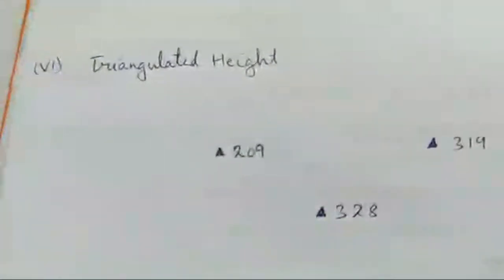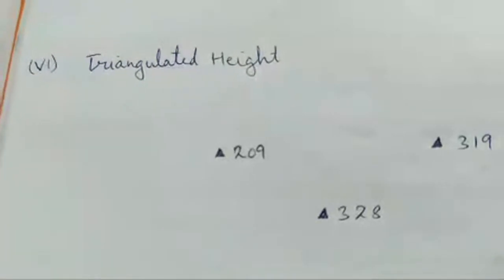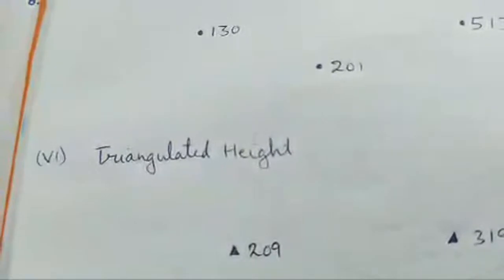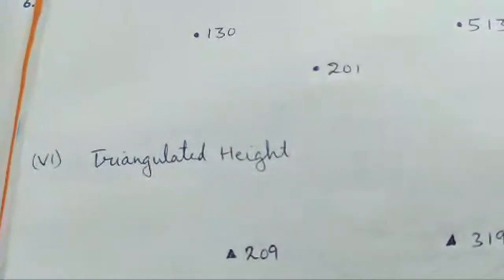It means this height is measured by an instrument which is based on trigonometry. Right? Which method is it based on? Trigonometry, with the help of an instrument. So when the height of such places is found by this method, we call it triangulated height.